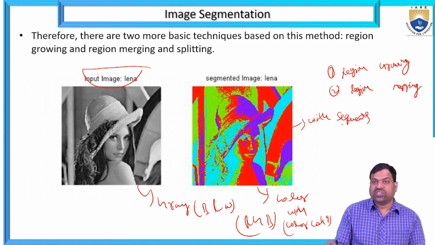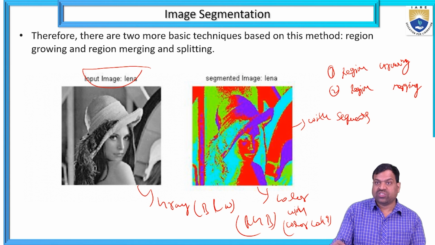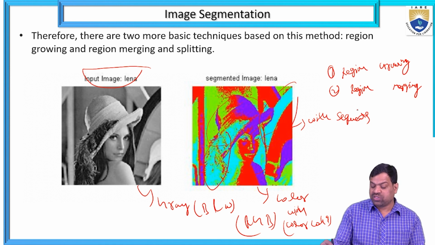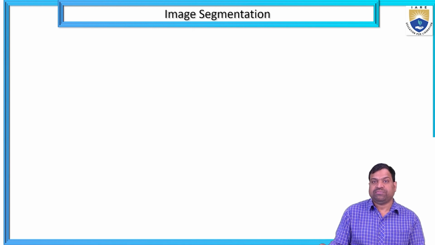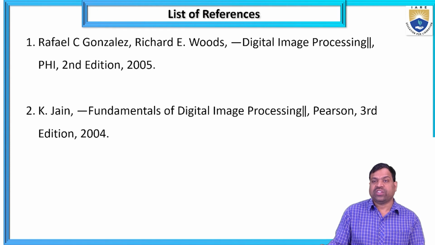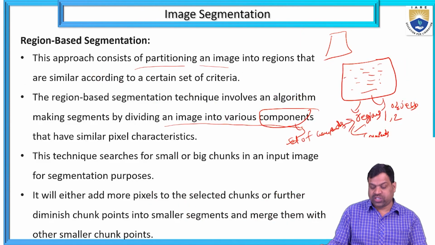Why I am calling these segments: we can see here it is a cap, and it is a face. It is a background. So it is hair. So with the segments I am easily finding out what the object is. So in image segmentation, a gray level or black and white image is converted to a color image with the segmentation.